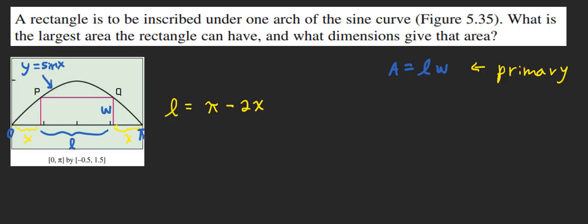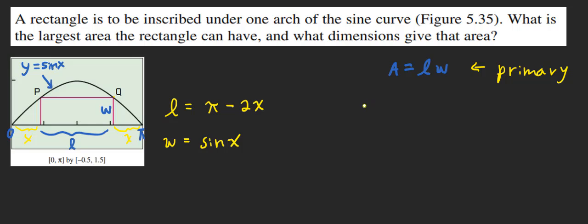You got x, you have another x, so the distance of this L will be pi minus 2x. Now what about the width? The width is from here to the curve, sine x, which is going to be just y. The distance from here to the curve is y, and in this case, y is sine x. So the width will be sine x. It doesn't matter where x is. The y value is going to be sine x.